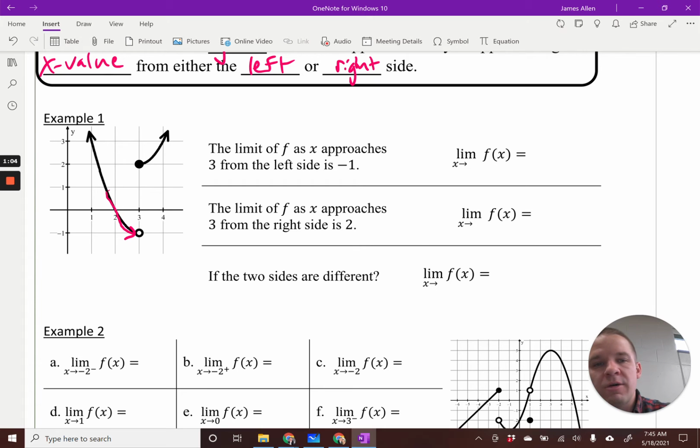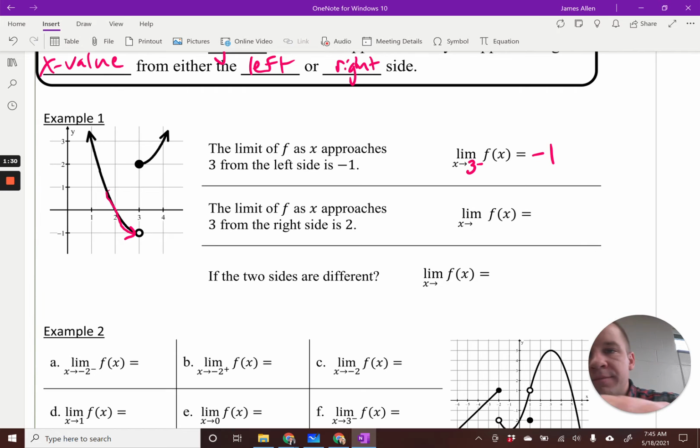The way we notate that is with a little minus sign up top. The limit of f of x as x approaches 3 from the left is negative 1. And that's the notation on the right-hand side, so we've got our limit notation on the right, and what it means in words on the left.